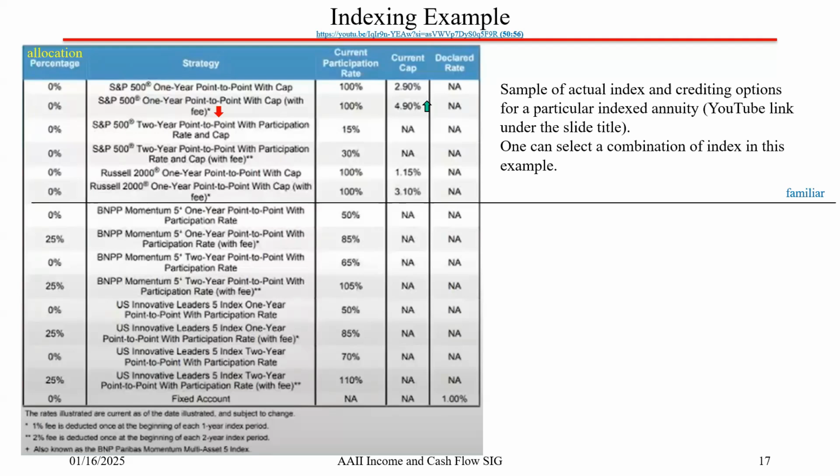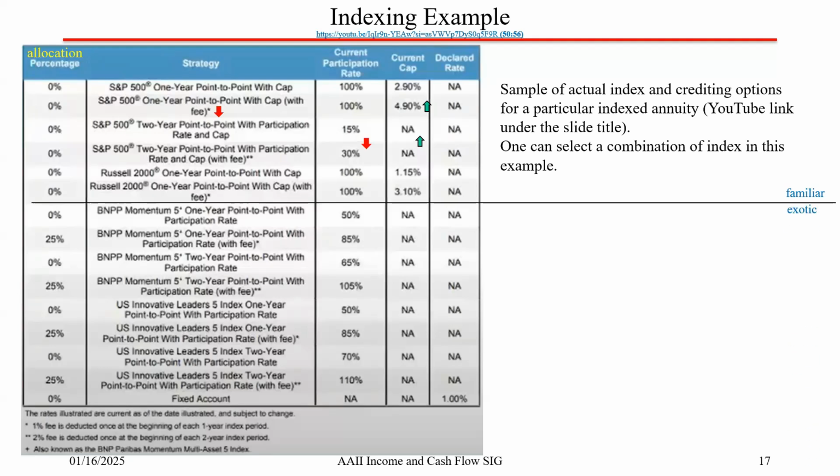Then you can raise the cap by 2%. Now you look at the second pair, which is the third and fourth row. Now you don't have any cap, but your participation rate goes up, and then they'll charge you 2% to do that.